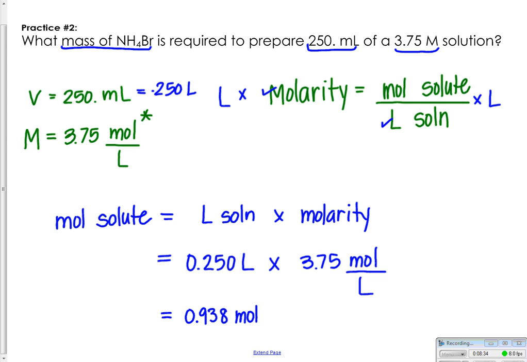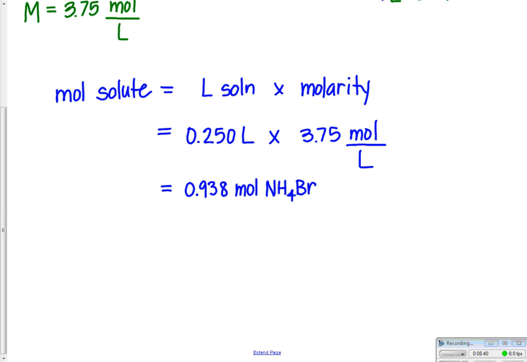Now the solute happens to be NH4Br. If I want to change that into grams, 0.938 moles of NH4Br, you multiply by the grams per mole.